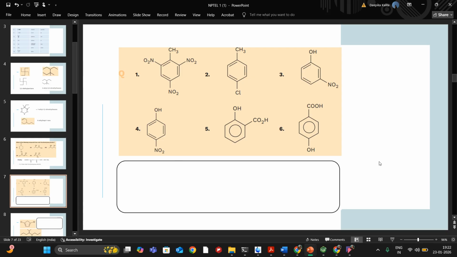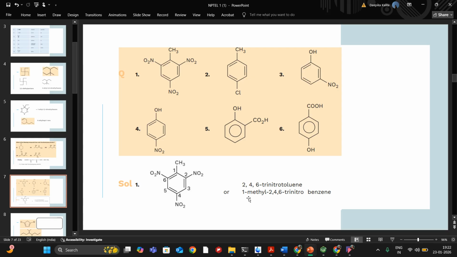These are very easy. It is just an aromatic ring which will have methyl, nitro, halo, chloro, and hydroxy, carboxylic acid. All these substituents are present on the main ring. So if we look at the first example, this first compound will be called 1-methyl 2,4,6 trinitrobenzene.